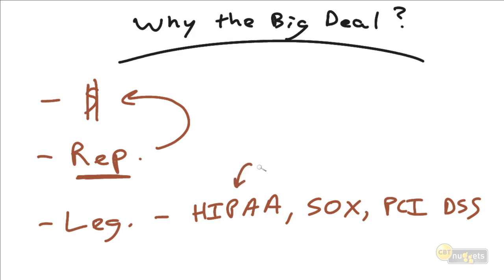HIPAA is legislation about the health industry, SOX is legislation about the financial industry, and PCI DSS is about online credit card transactions. All of these are examples of legislations which force organizations today to really pay attention to network security so they don't end up breaking the law.